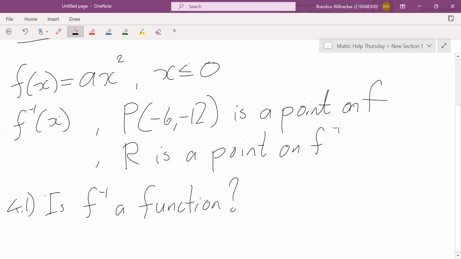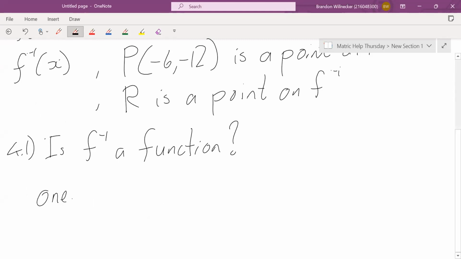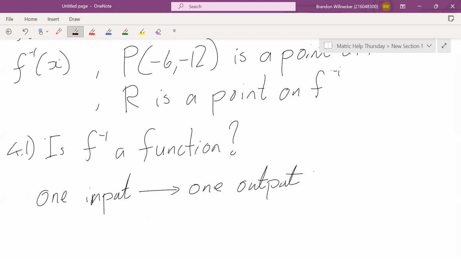Okay, so what do they mean when they ask, is something a function? Well, for a function, you provide one input and you get one output. So how does this work? One input corresponds to one output. Yeah, that's what it means for f inverse to be a function in this case.